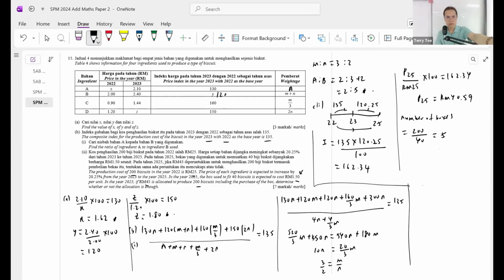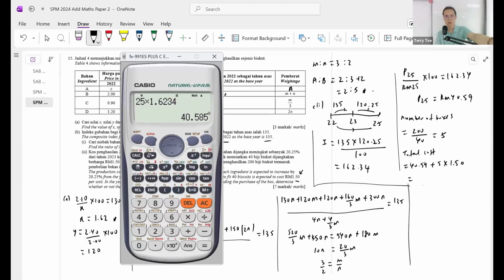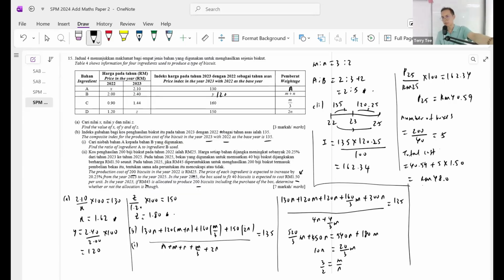You want to know whether it's enough, whether the 45 ringgit you allocated is enough or not. So your total cost will be 40 ringgit 59 cent, plus 5 boxes times 1.50, that will be 48 ringgit 09 cent.